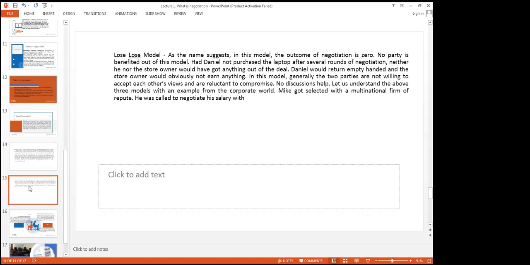In this model, generally the parties do not accept others' views and are reluctant to compromise. There are no discussions.